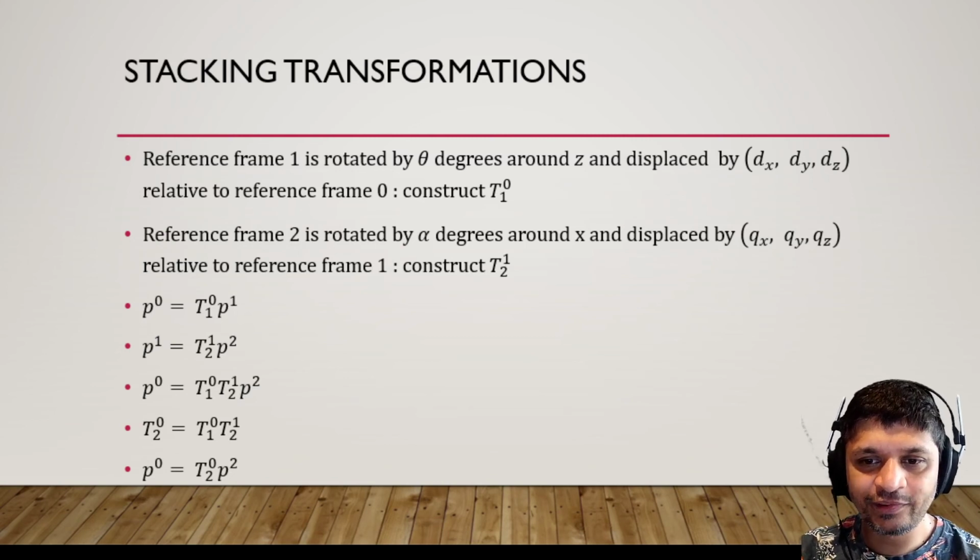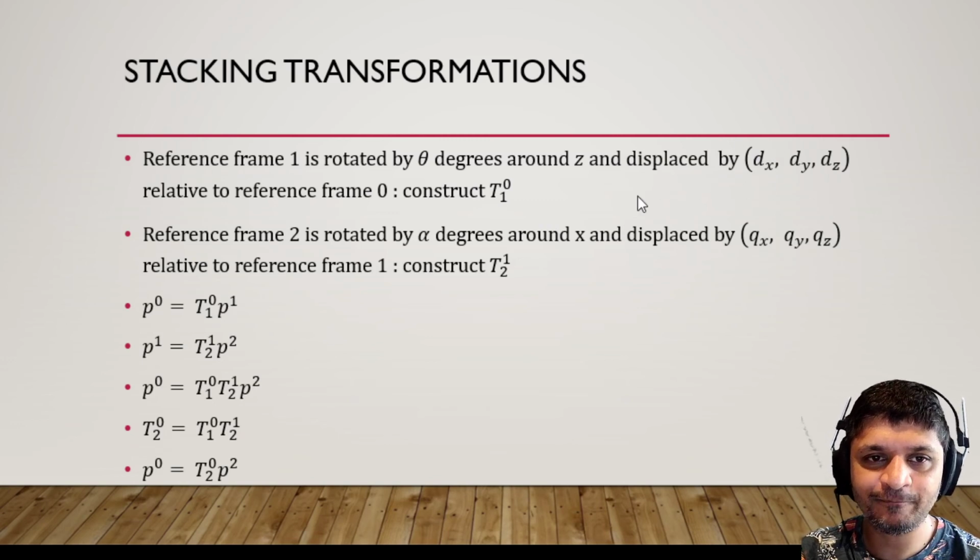Okay, now the other cool thing, and possibly the last cool thing we're going to talk about for this, is that you can stack these transformations. So let's say I had a situation where reference frame 1, what we were calling the robot frame, is rotated by theta degrees around z and offset by dx, dy, dz. So I can make some T1 naught that represents this rotation and translation, right?